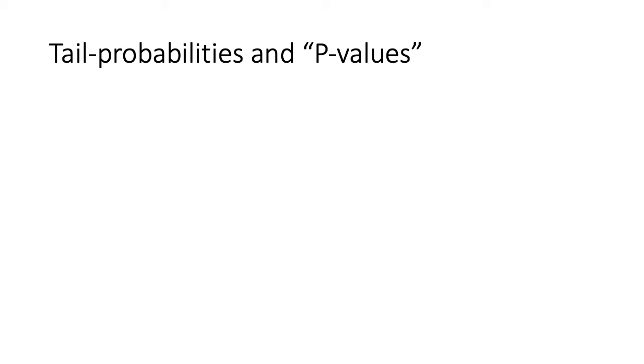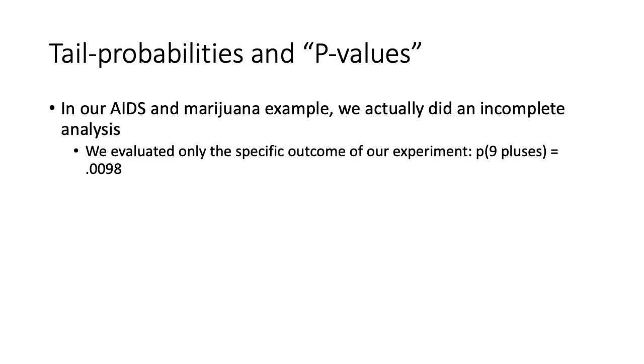All right, so let's actually put this to use a little bit further in our experiment. We actually have to do a little bit more to get at type 1 and 2 error with our experimental results. And so we were actually incomplete when we evaluated our experiment.